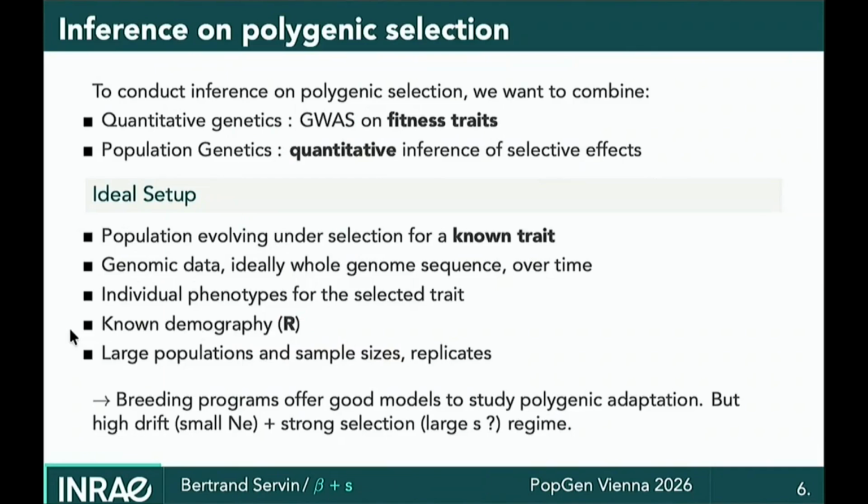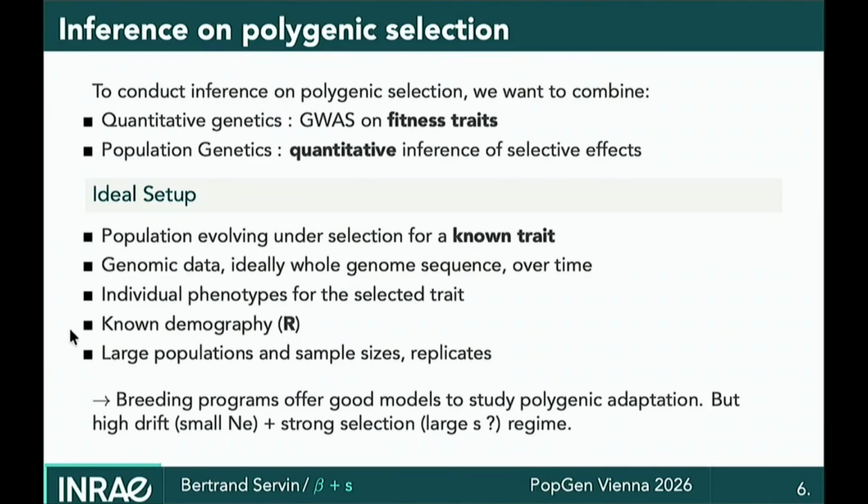We want to have individual phenotypes, so we can do a GWAS, for example. If we can know the demography, it's better because this nuisance effect term in these previous equations is known. And ideally, large population and sample size with replicates. Okay, so you can't have all of this, but we do have some of that. So I would say almost all except the last one.